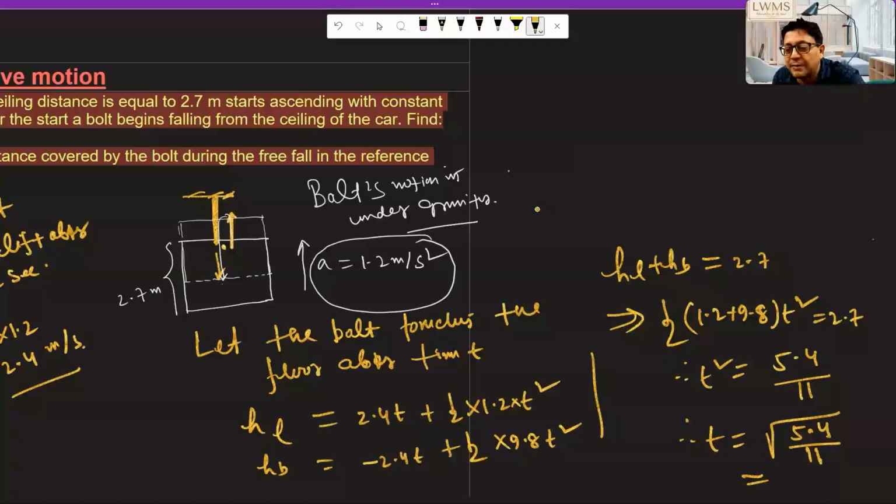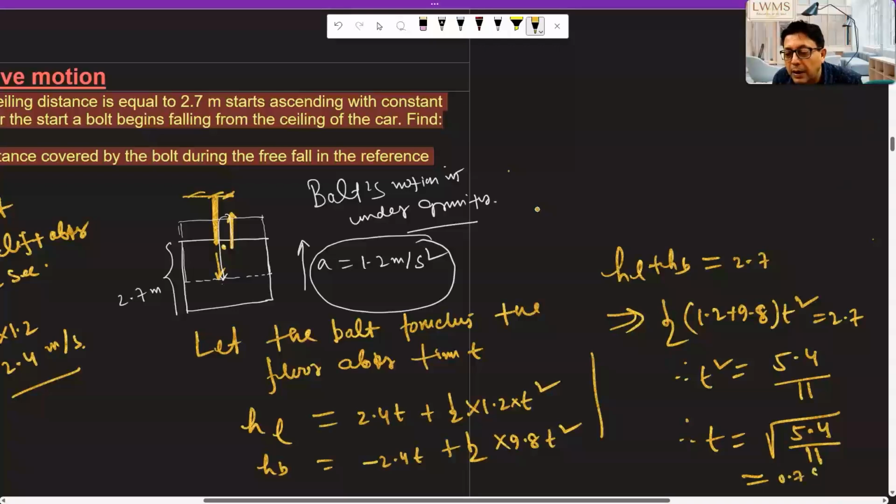Approximately it is coming 0.7 seconds. Okay, so the time I got is 0.7 seconds.